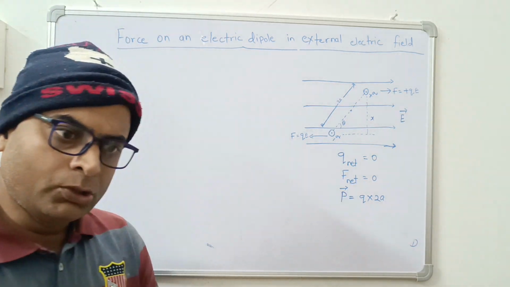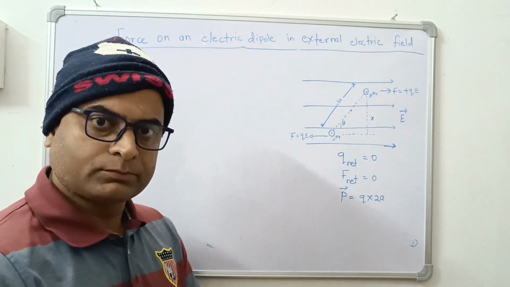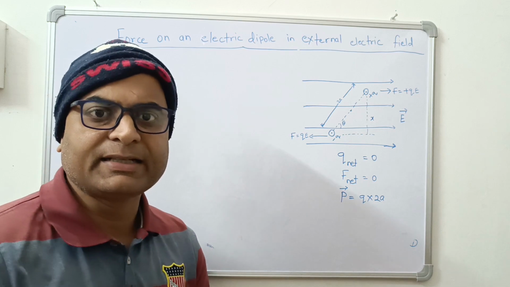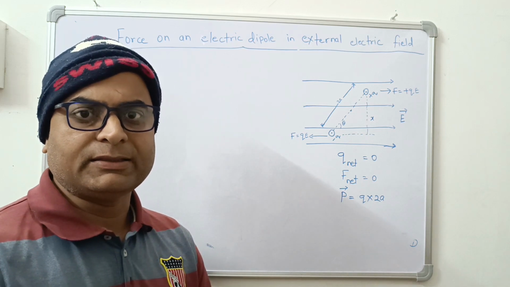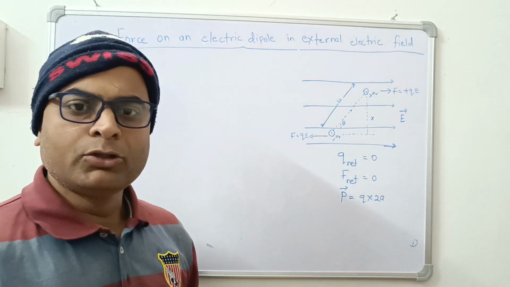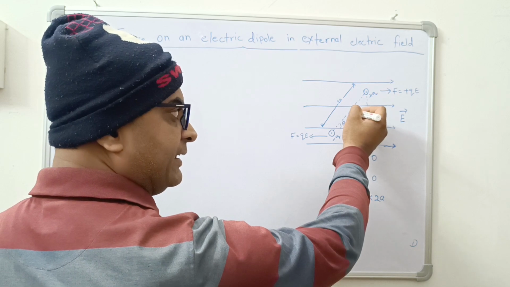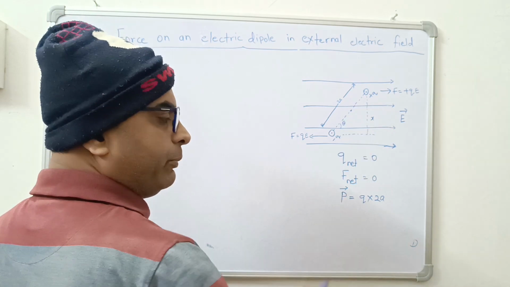So a torque will be acting on this. As you have already studied in class 11, if net force is 0, then a torque can still be acting on this dipole, and the center will be the center of the dipole.